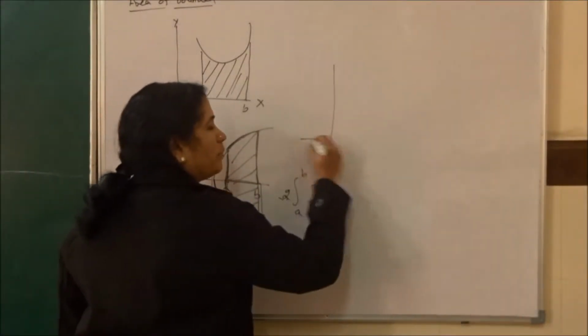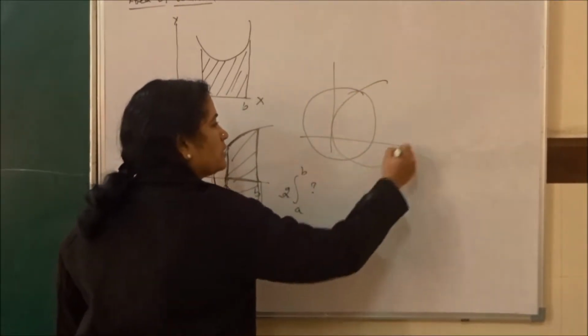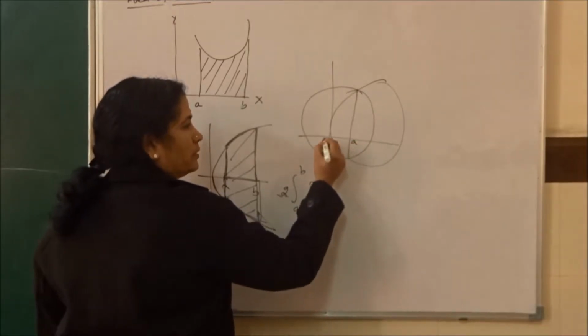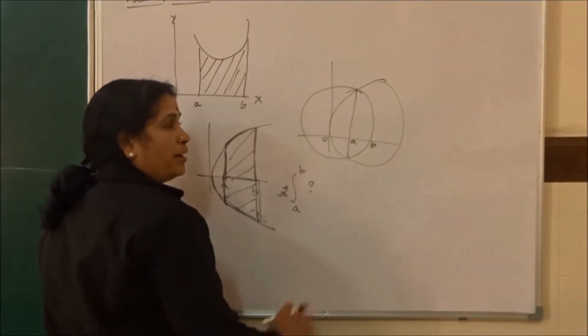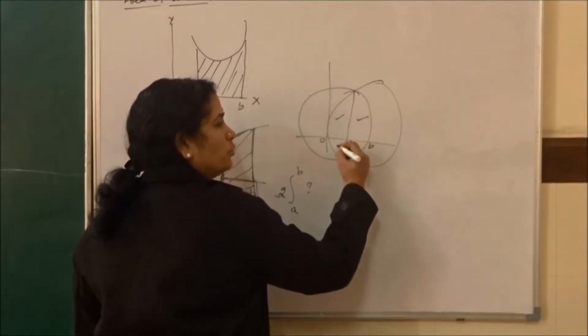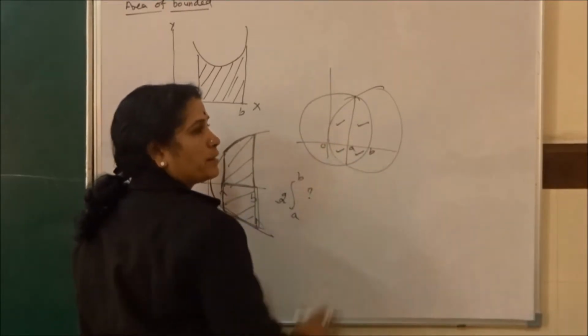Suppose the diagram is like this: you have one circle, and another circle is this. The intersect part is somewhere; this is A, this is 0, this is B. Now see, this is part 1, 2, 3, 4. There are 4 equal parts, am I correct?